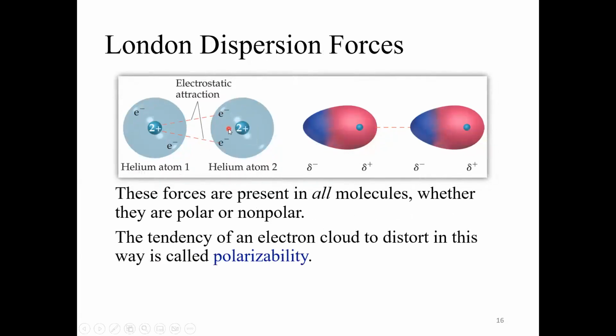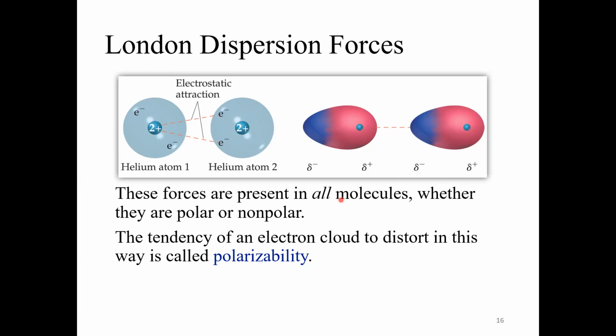And then like I mentioned, this force will be present in every substance, but it's going to be the only force that's present in nonpolar substances. And that's why we'll ultimately see, since this force is weak, nonpolar substances are going to have relatively low boiling and melting points.